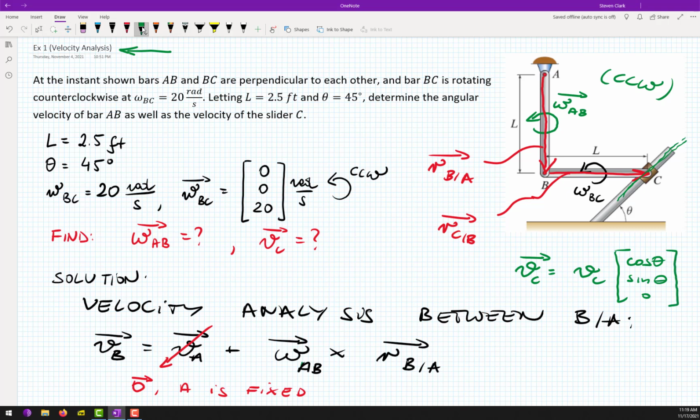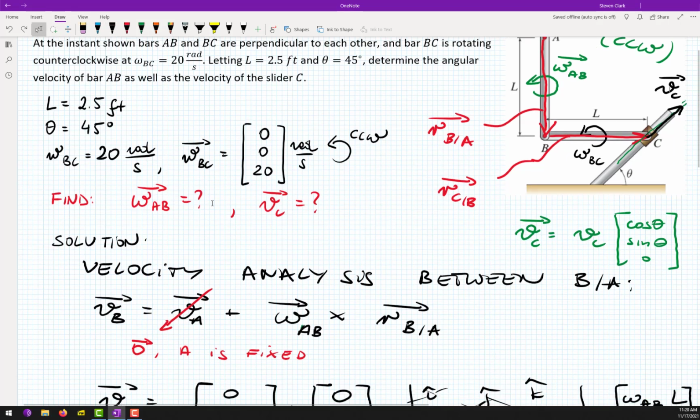Would that be true? Yeah, clearly our V_C must be pointing along that incline. So I think that this is true. Any objections? Yeah. Thank you, Madeline. That was a nice reaction.